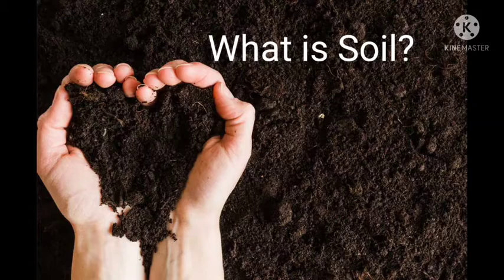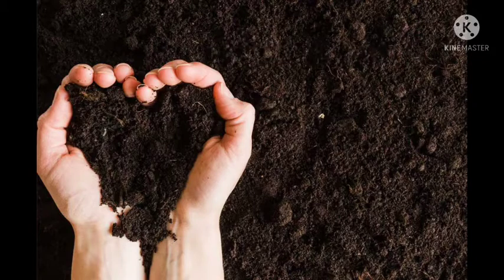Students, it consists of a mix of organic material, that is, decayed plants and animals, and broken bits of rocks and minerals. Students, can you tell me how soil is formed? Students, soil takes a very long time to form. In fact, an inch of soil could take up to thousands of years to form.